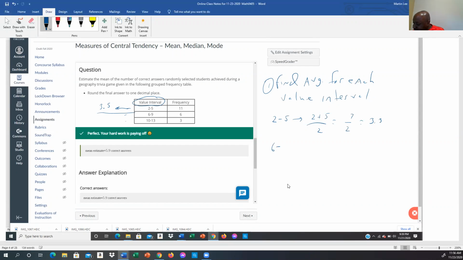And then for the range 6 to 9, find that average. 6 plus 9 divided by 2 is 15 divided by 2, which is 7.5.